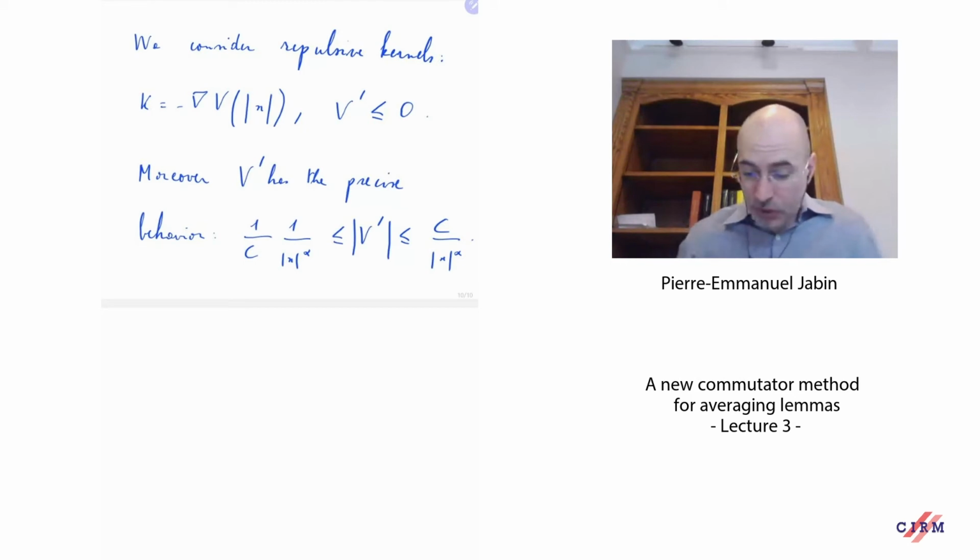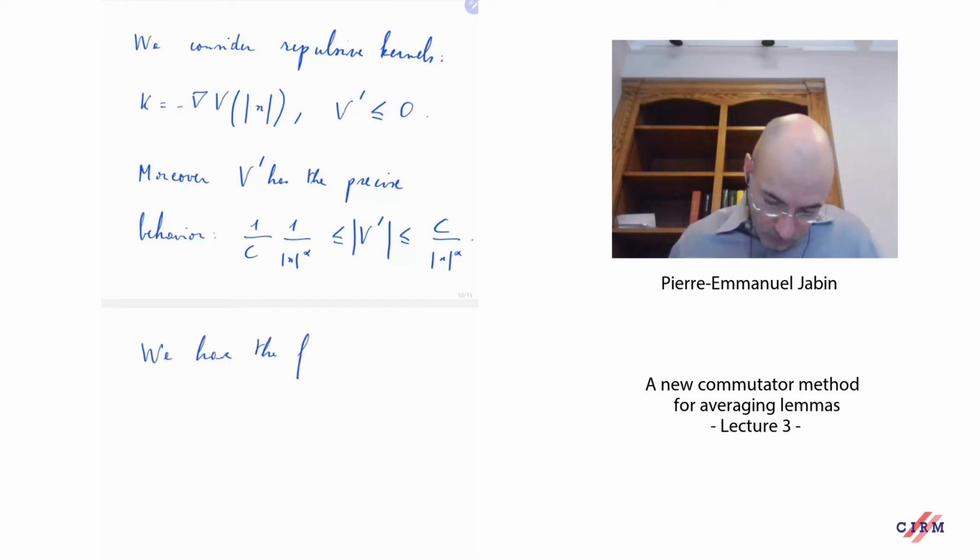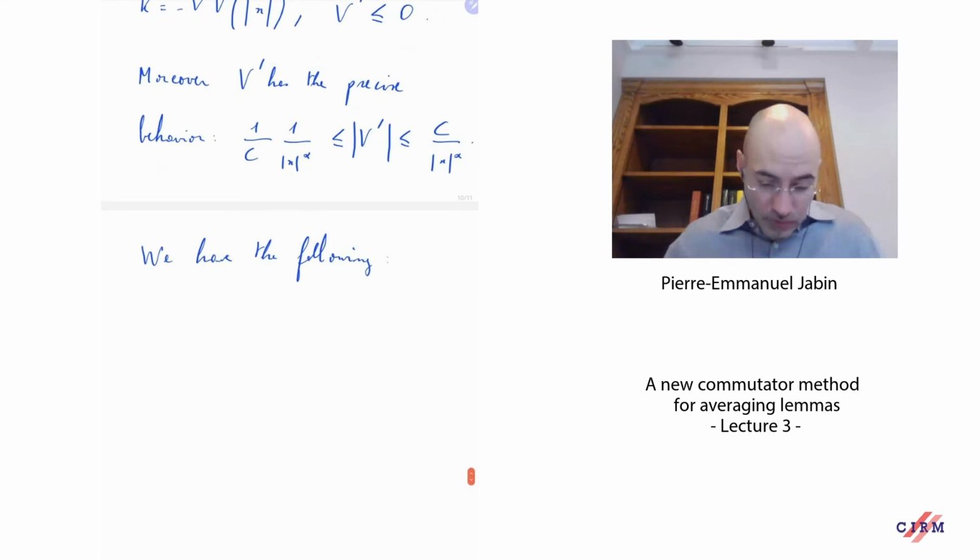So Riesz potential is when V is exactly equal to some polynomial X. And here is a very interesting estimate.